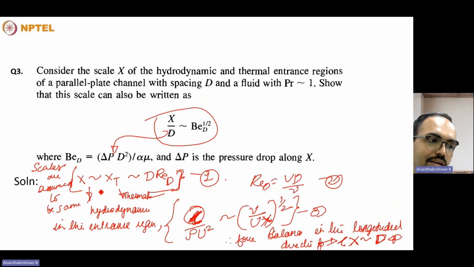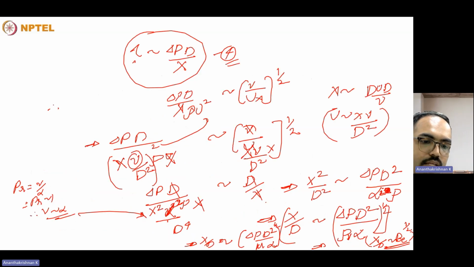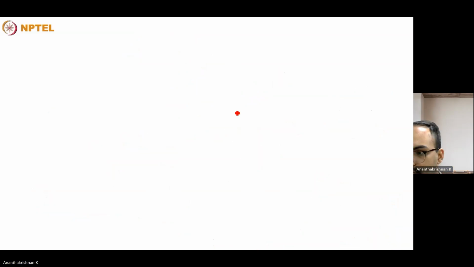The original scaling was x by d as a function of Reynolds number. This is a bit more complicated, as it involves many other parameters as well, including the pressure drop, Prandtl number, and the diameter of the tube.